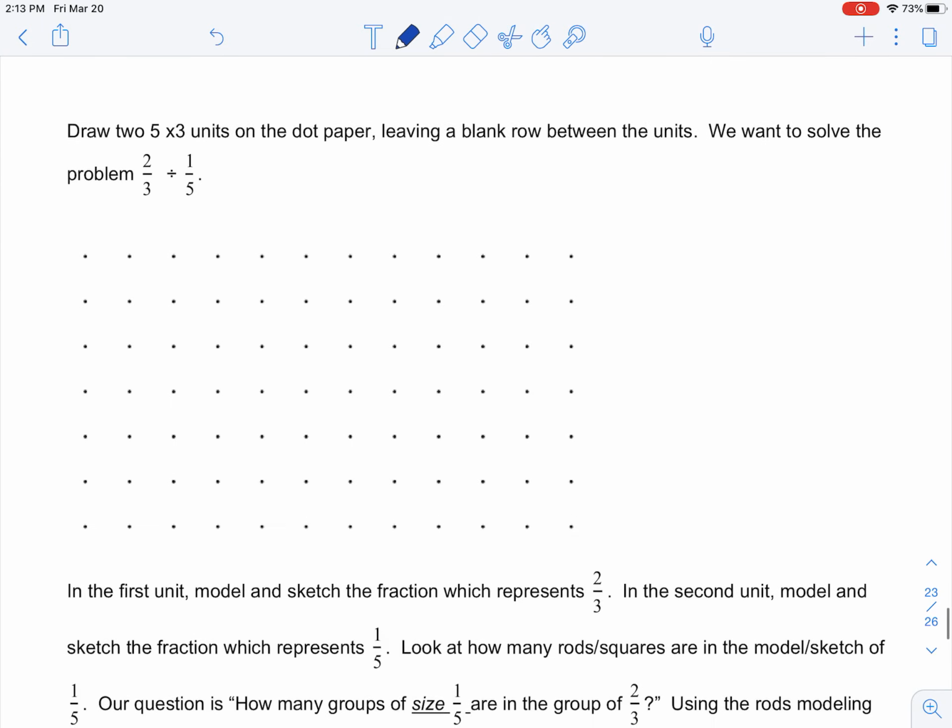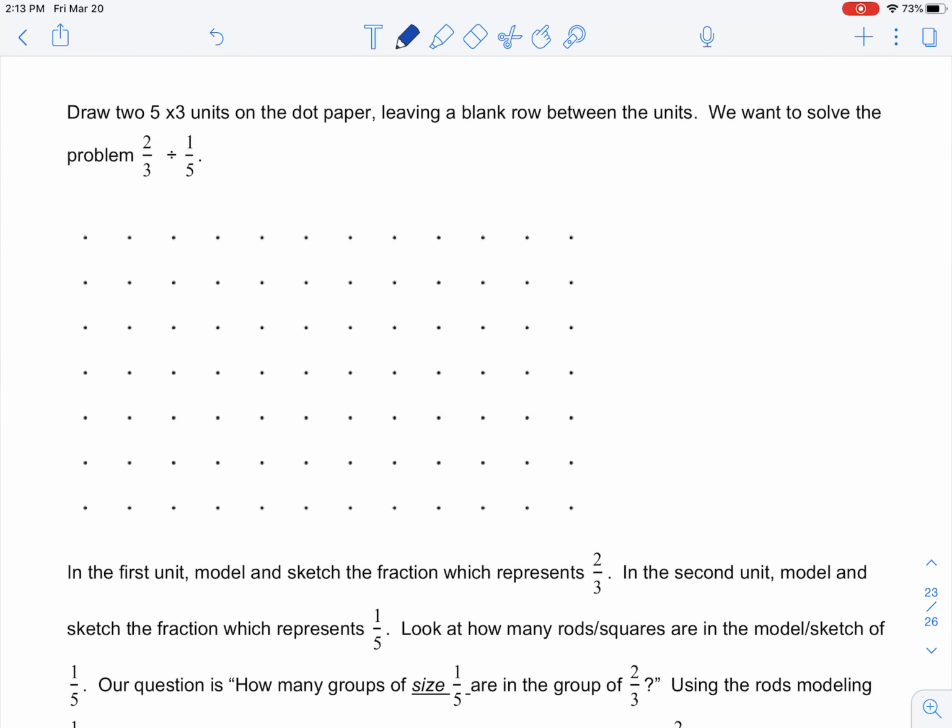And then let's do an example. When we do 2/3 divided by 1/5, you should write what this means. How many groups the size of 1/5 are in 2/3? Now, we're going to have to model the 2/3 and the 1/5.